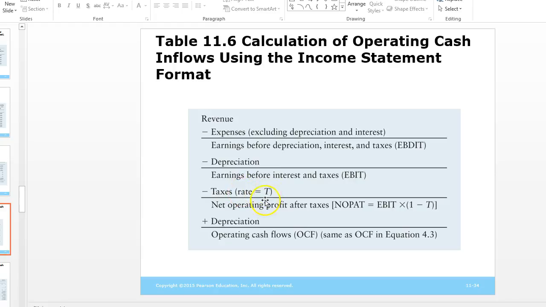And when you subtract off the taxes, you have your net operating profit after taxes. And they show you a simple equation for that here, which you shouldn't forget. And then notice you add the depreciation back on. The depreciation helps you save taxes, but it's a non-cash charge. Okay, and that gives you your true operating cash inflows.